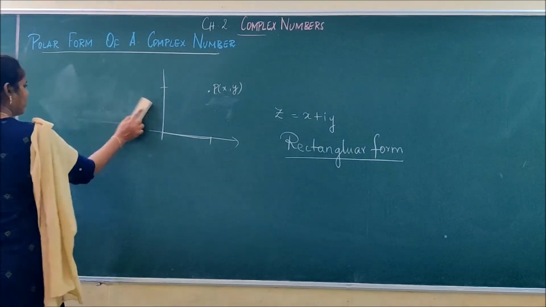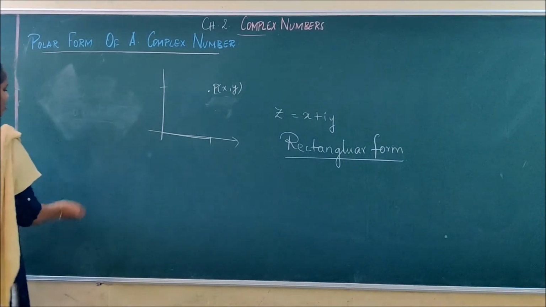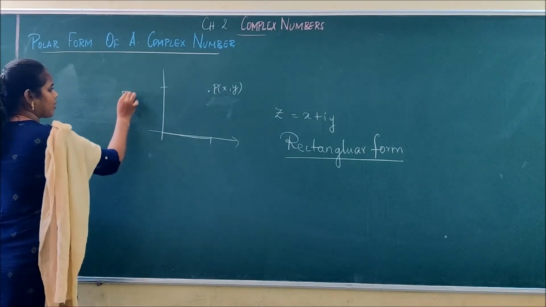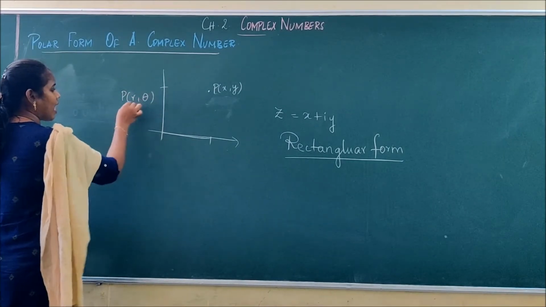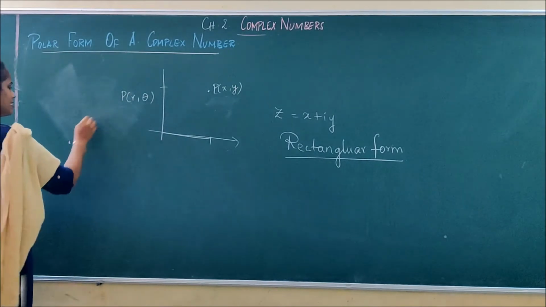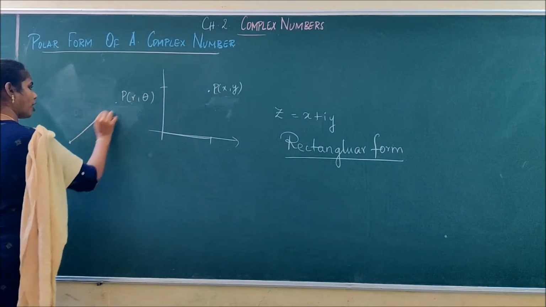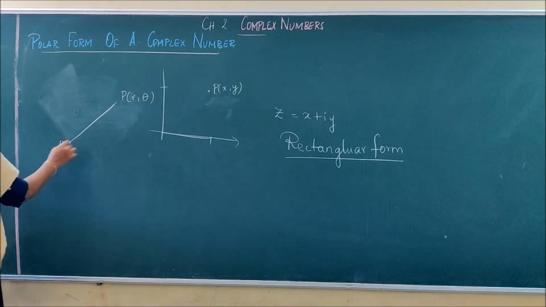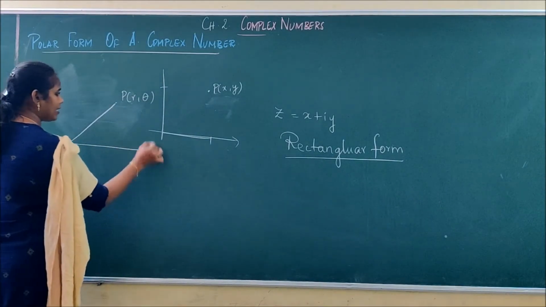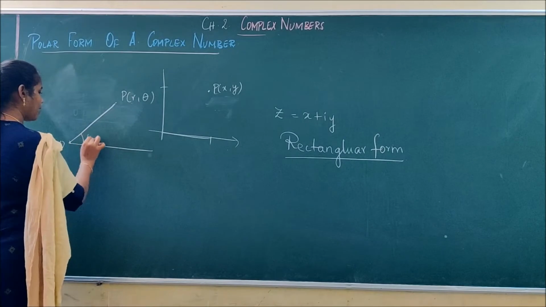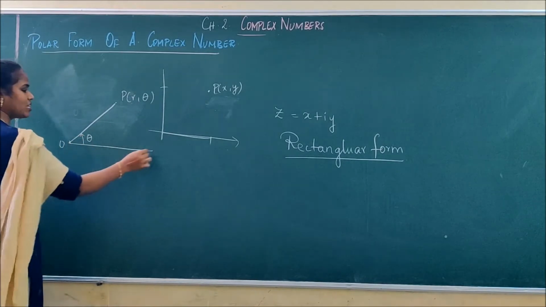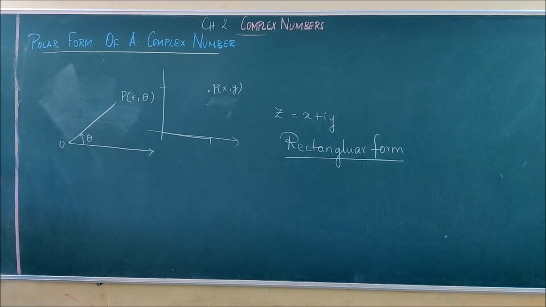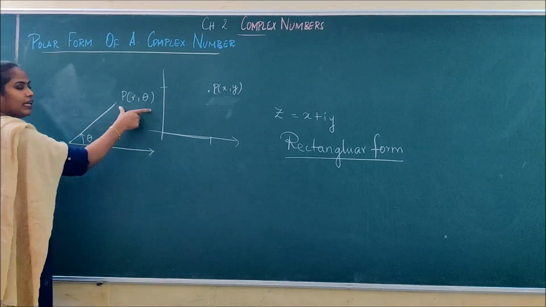It is a point P of r comma theta, where r is the distance of this point from the origin, that is the initial point O, and theta is the angle made by the point with the initial line. We call this the polar axis.